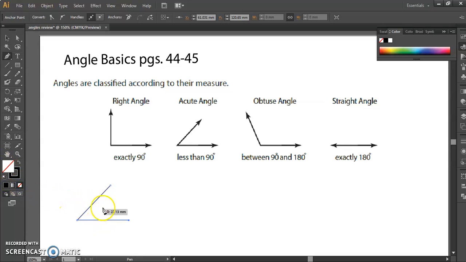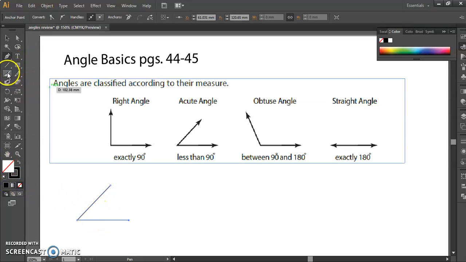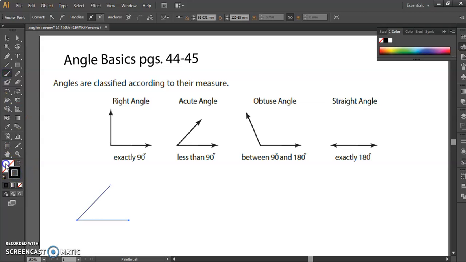This is going to be my angle here, and there are different forms of naming an angle that we're going to learn. Remember that this right here is called an arc. This little symbol is part of a circle, and it's the one that represents an angle.